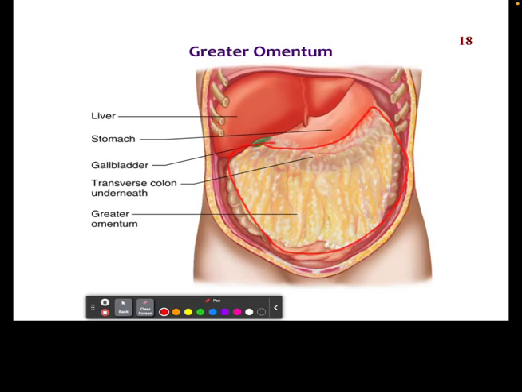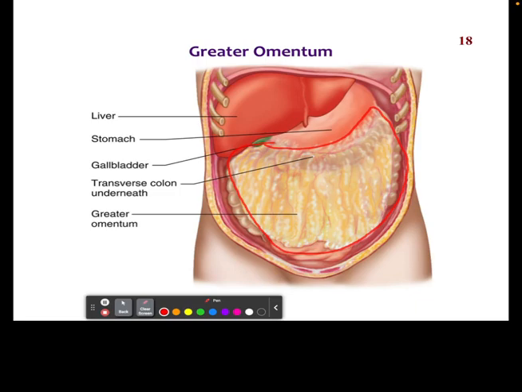It is loaded with blood vessels so they can make sure they get proper nutrients, but also connective tissues like fat, which will give it some energy if it needs it, and also keeps all of these organs in the same place, because we don't want our organs to start falling around or moving around while we're digesting or moving throughout the day. So the greater omentum helps, one, give it protection, two, give it nutrients, and three, keep everything in the same location, giving it some structure.